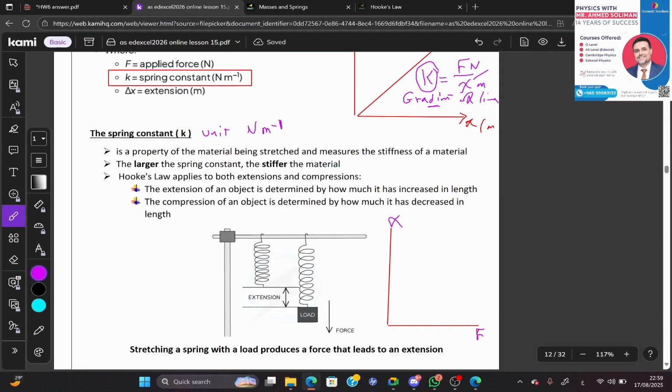I'm not sure. K would still equal F over X, but I don't know what to do with the graph. Yes, K still equals F over X, right? But it will equal 1 over gradient, because now the gradient will be X over F, not F over X.